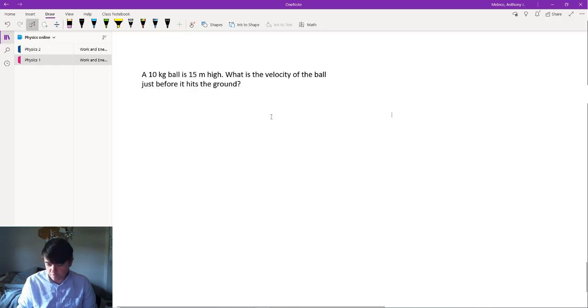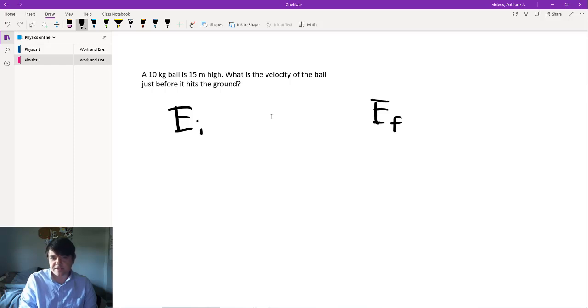If you remember the last lecture, there are two types of energy that we're really concerned with: potential energy and kinetic energy, right? And they're related through energy conservation. So how you do these types of problems is you want to set up energy initial and energy final. You want to set up two energy states, and then you're going to want to set them equal.